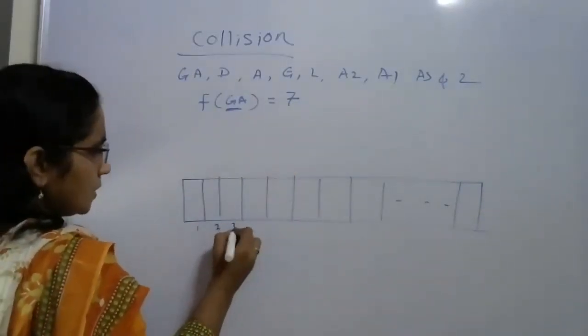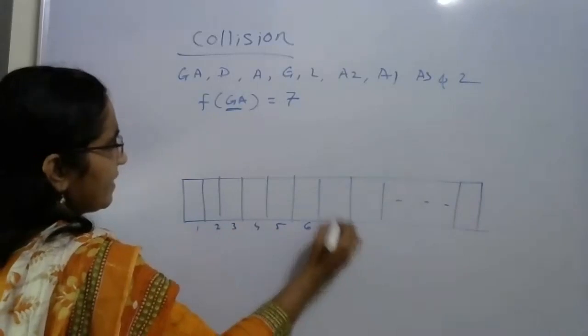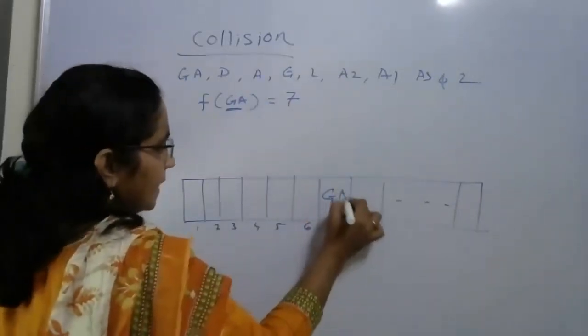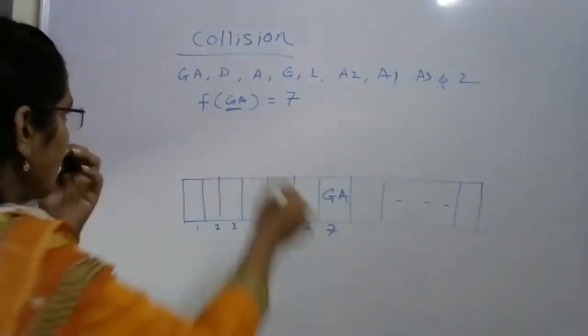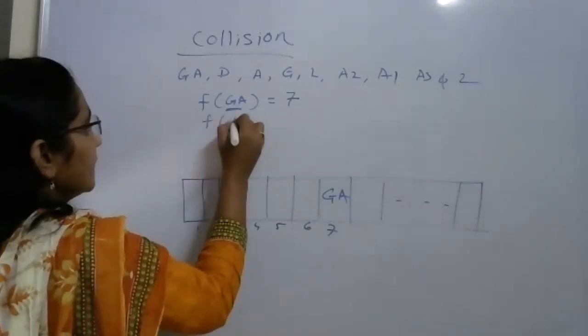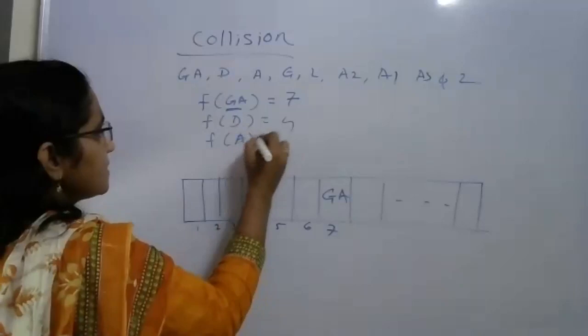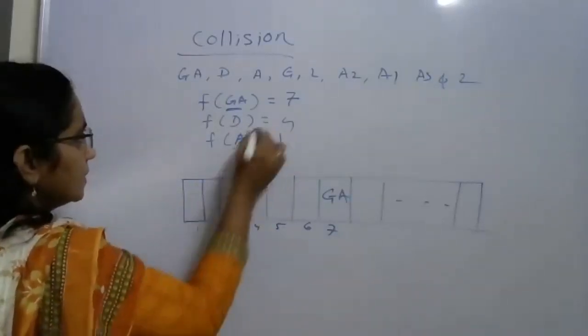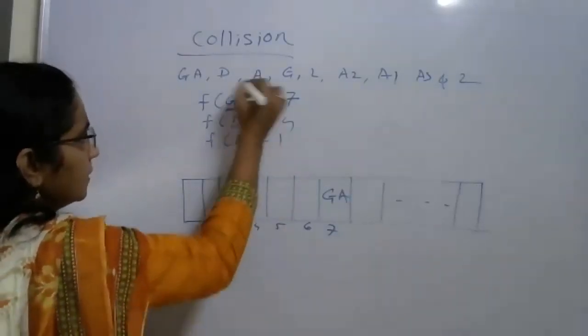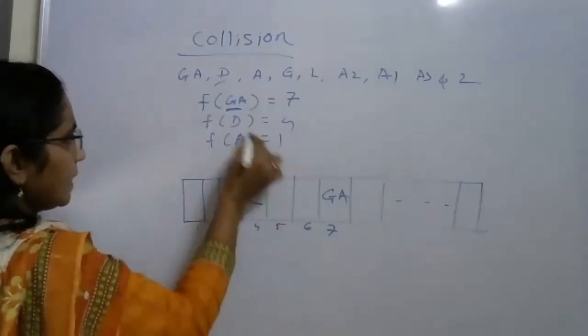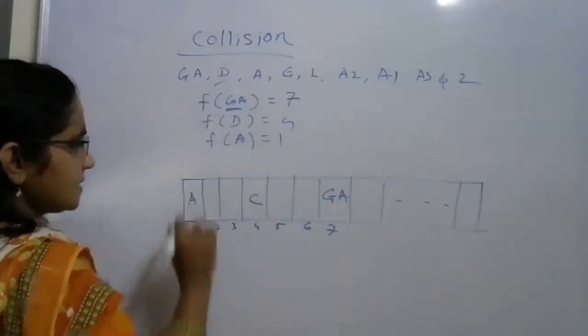So GA is located at the 7th bucket. Similarly, D has address 4 and A has address 1. So at the 4th location D is allocated, and at location 1, A is placed.